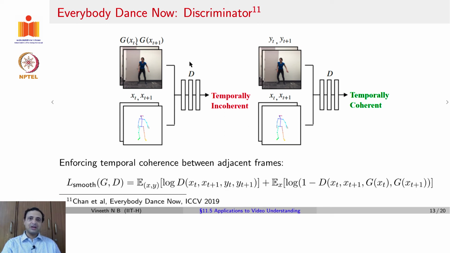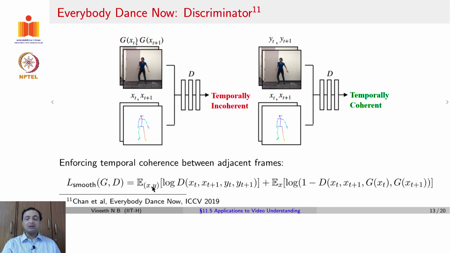The job of the discriminator in this module of the framework is to look at the generated frames G(XT) and G(XT plus 1) and see whether they are temporally incoherent, which is equivalent to fake here. And for real data, the label given is temporally coherent or real. So it's no more real versus fake. The discriminator tries to say temporally coherent or temporally incoherent.